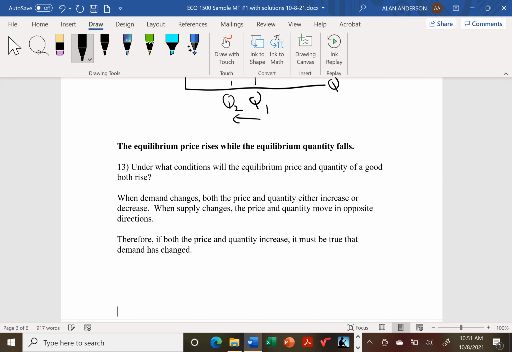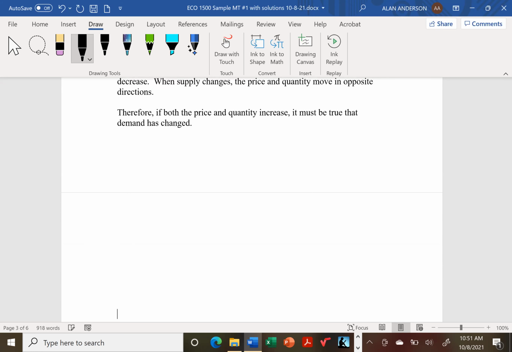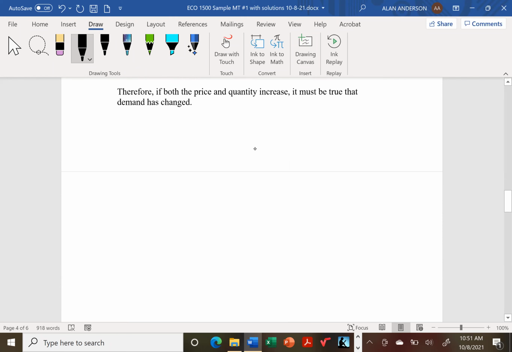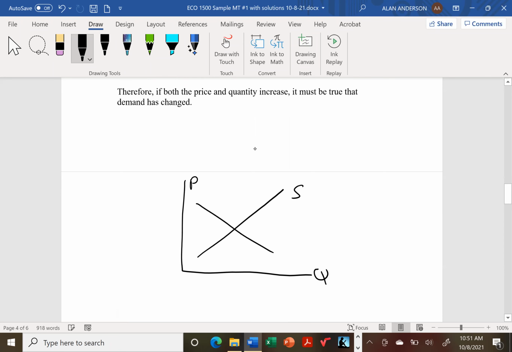So why don't we draw a picture and see what's going on here? So my suspicion is that the demand is going up. Okay, in order for both of these to rise, most likely the demand curve is shifted to the right. And so let's confirm that. All right, so we started here and we end up here.